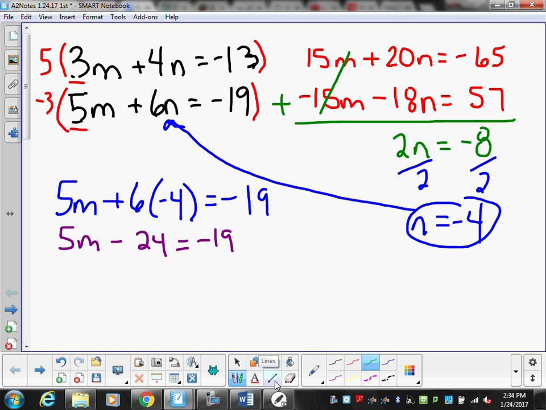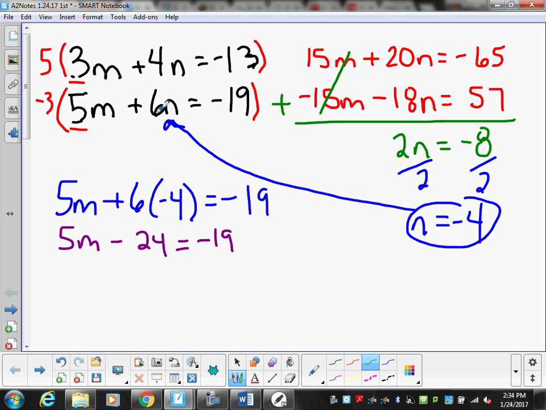You see what I was doing? What you've done here is you took this -4 and you plug it into one of these two equations for N. So go back to your original ones.